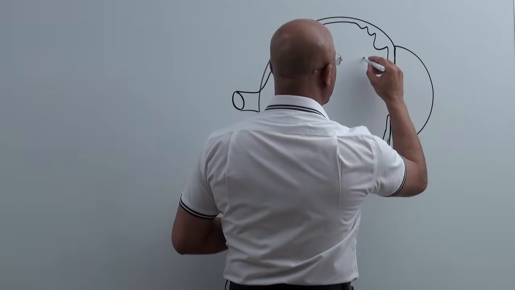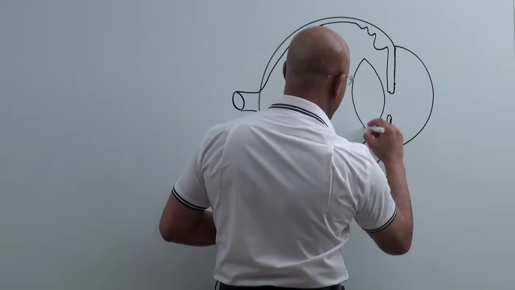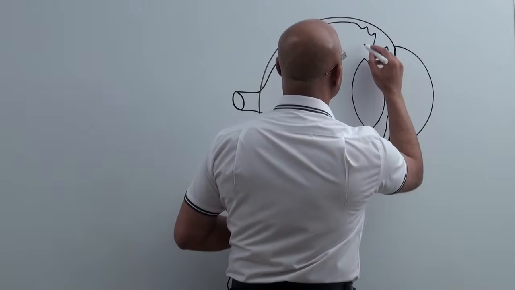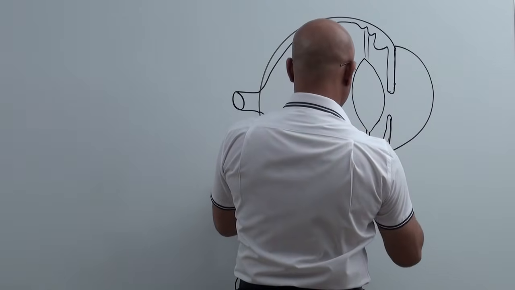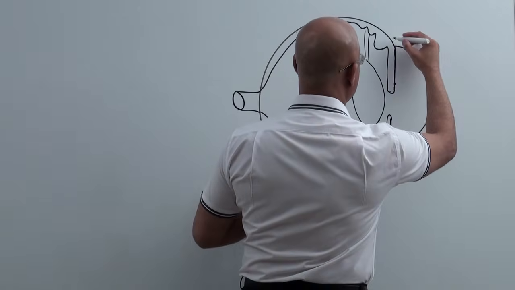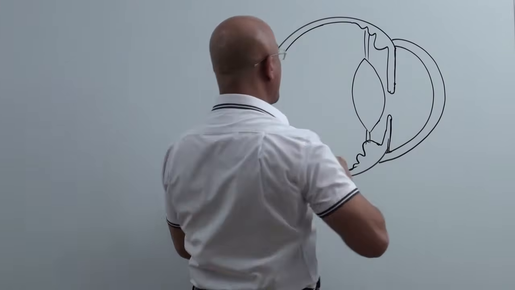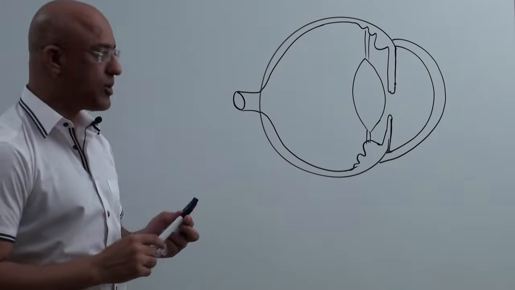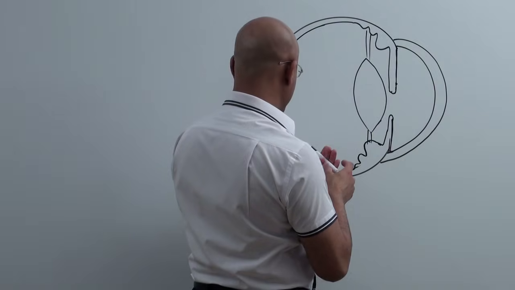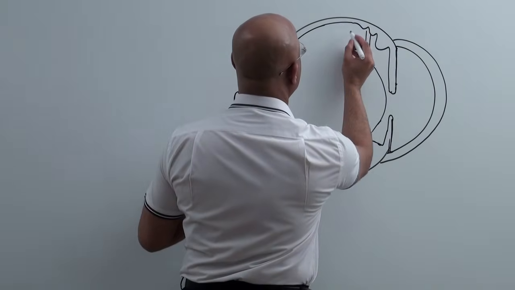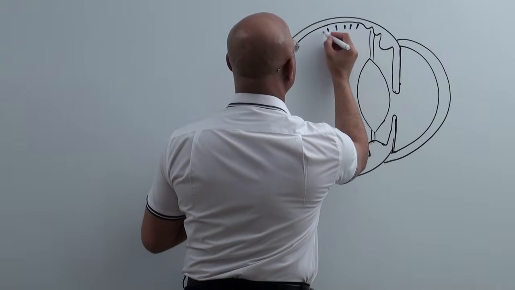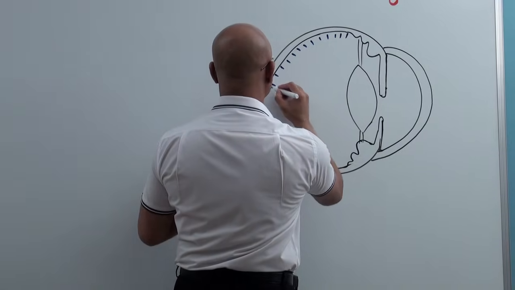And here is your lens. Now, fluid system of the eye. Inside it, of course, you know what structure should be here? Retina.